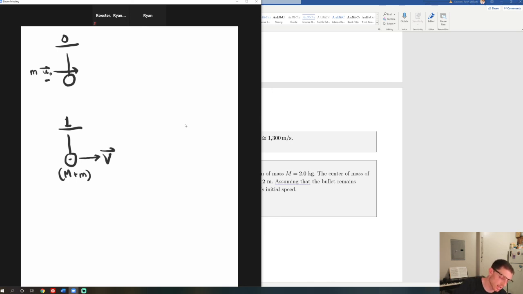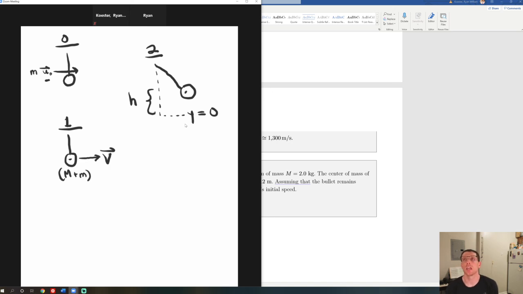And then finally, what's going to happen is the pendulum is going to swing up, maybe like so, with the bullet still inside. And when it reaches its maximum height, the kinetic energy is at a minimum. The kinetic energy is 0, and the gravitational potential energy is at a maximum. Remember that we said that it rises by an amount h, and so we're going to define our y equals 0 to be here.